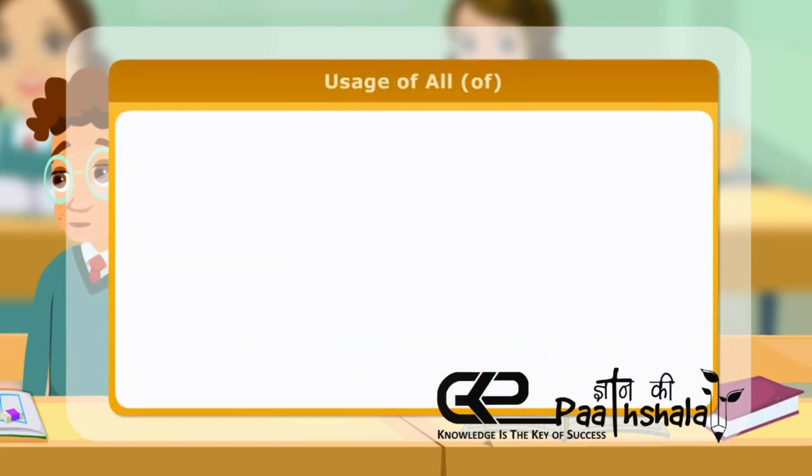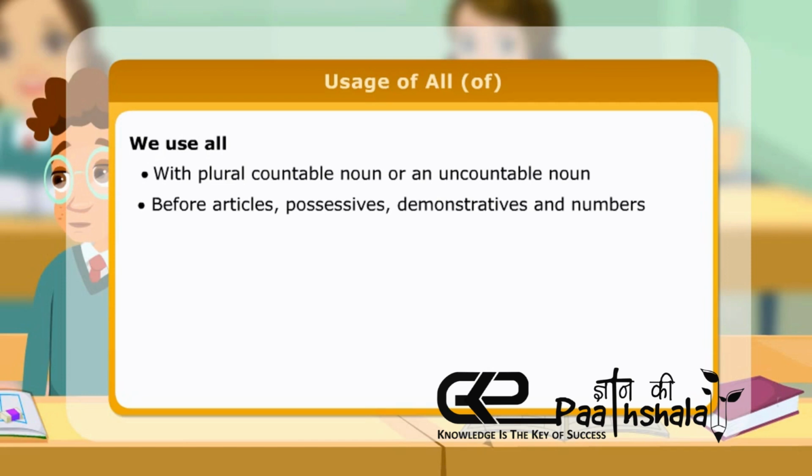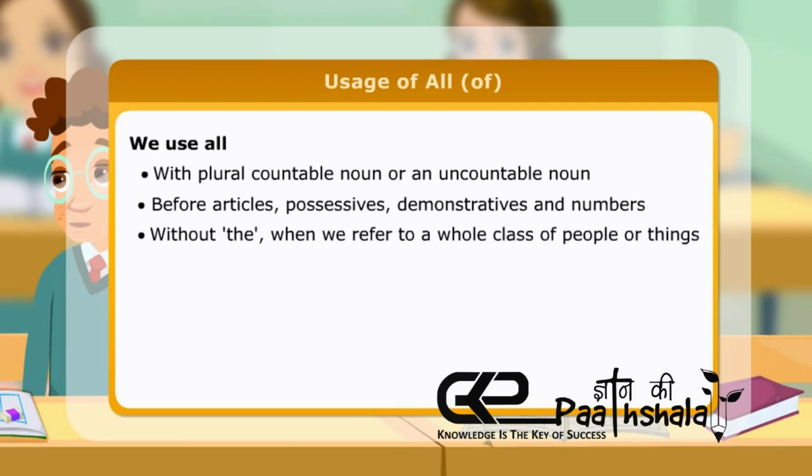Usage of all of. We use all with plural countable noun or an uncountable noun before articles, possessives, demonstratives and numbers. Without the when we refer to a whole class of people or things.